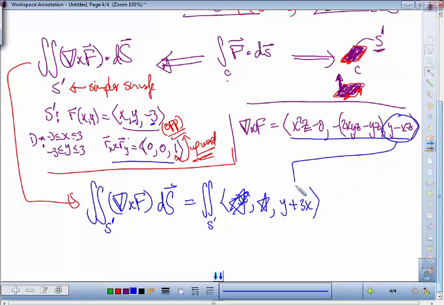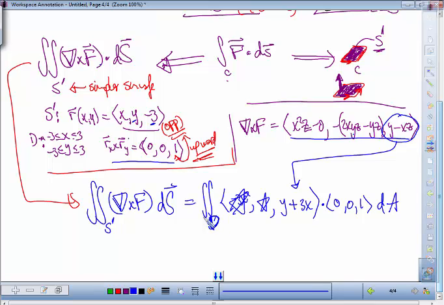The last component is the only thing that's going to be important for us because we're going to dot it with our dS, which is 0, 0, 1. I guess I should call this dA. I guess I should call this a double integral.